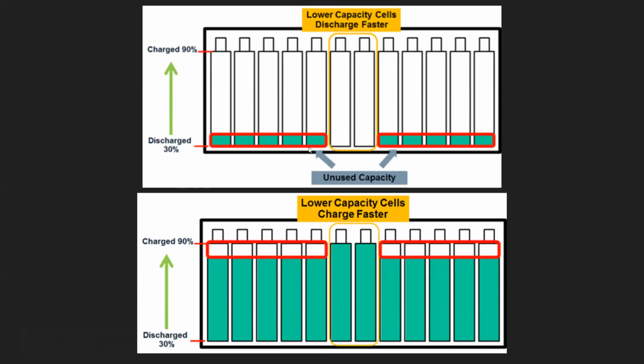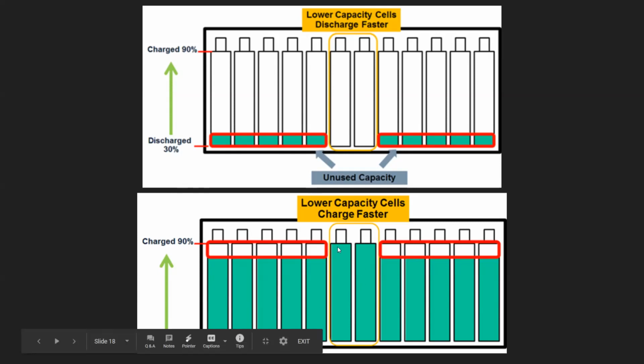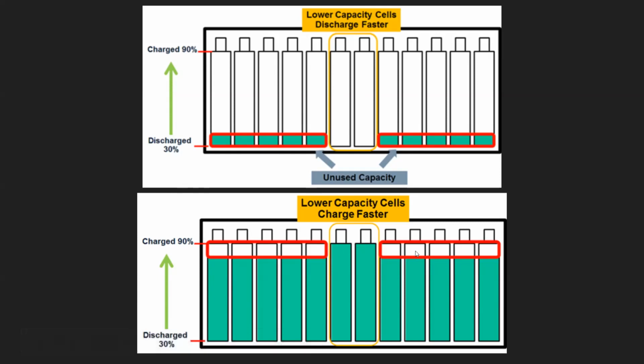So in this case, where most of the cells have a little bit of charge left, but these ones don't, you could move charge from all of these cells and charge these cells. And the same is true for this case as well. You could discharge these cells to charge the rest of these cells. And so both these techniques can be used to keep the state of charge somewhat equal.